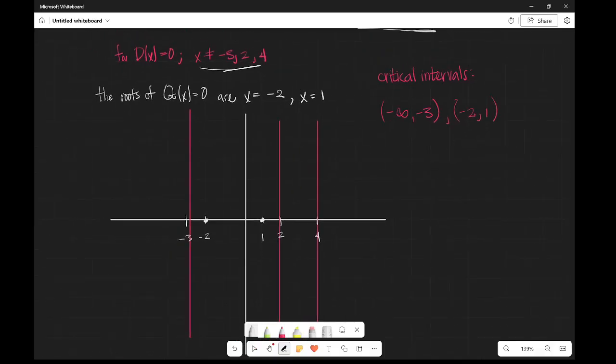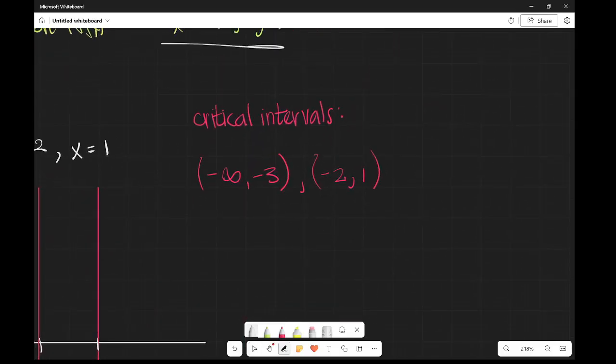We're still going to have to find a horizontal asymptote, I think. Oh yeah, and 4 to infinity is another one. So we said 2 to 4, and then 4 to positive infinity.